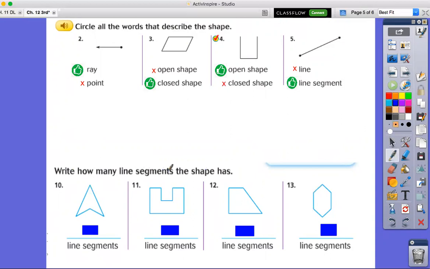Write how many line segments the shape has. So go ahead and count how many line segments you think this shape has. If you said 4, excellent. This is how we got that. Here's a line segment. Here's 1.